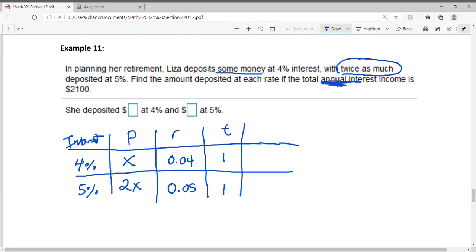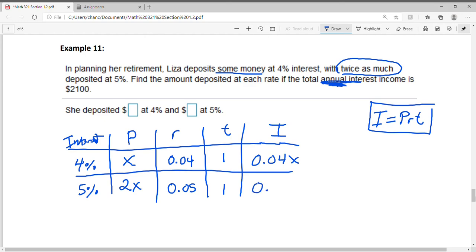Now the interest, remember, is principal times rate times time. And so now we can use this to find the interest. We have 0.04x by multiplying straight across, and this is going to be equivalent to 0.1x if I multiply straight across.